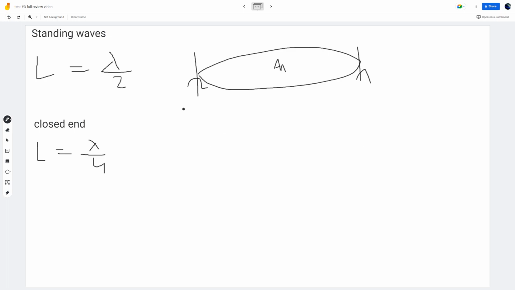And then to look at how the frequency changes, basically the frequency is multiplied by however many harmonics you have. It multiplies the frequency of the natural frequency or first harmonic.